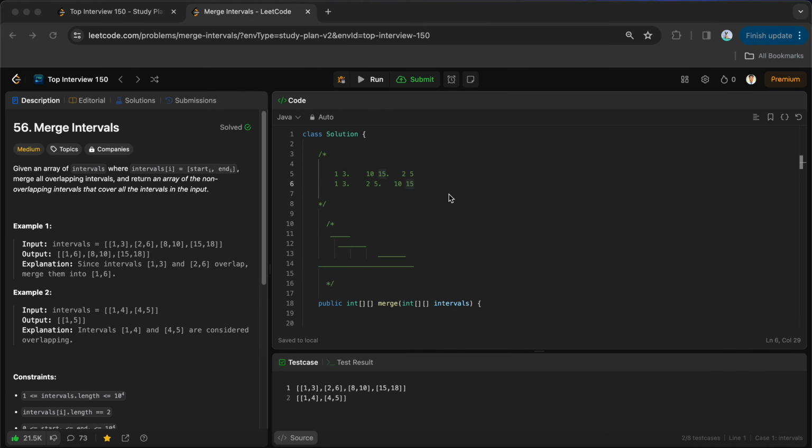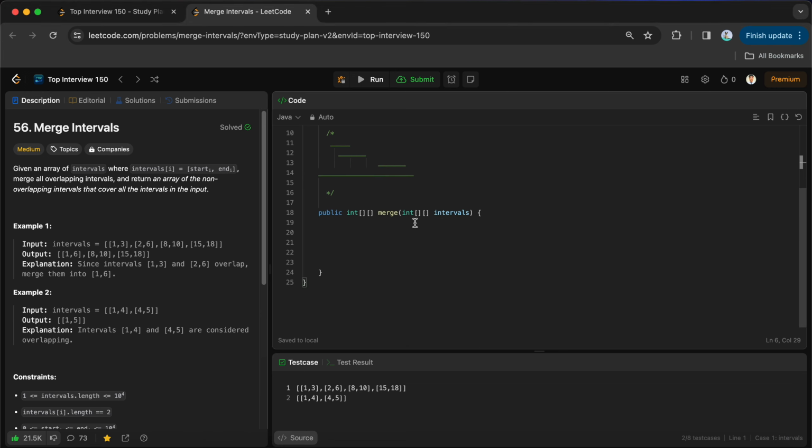Okay, so let me write the code, because when we write the code, we can understand the problem and solution in a very efficient way. So what we are doing here: first we want to sort all the intervals on the basis of start point. So I will use array sort, and what I have to sort is intervals.